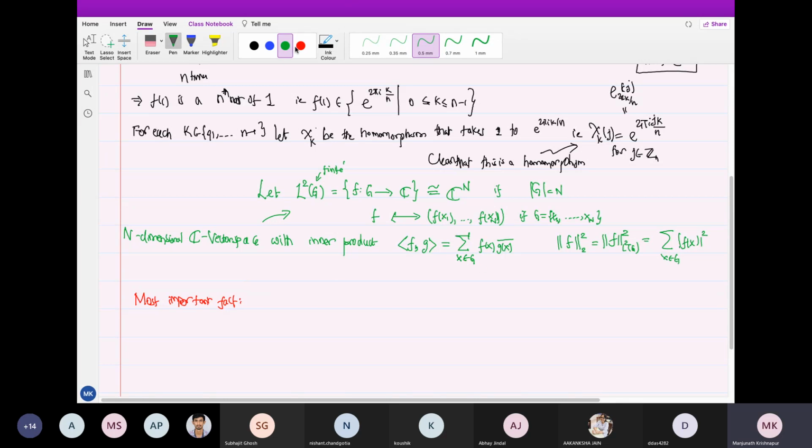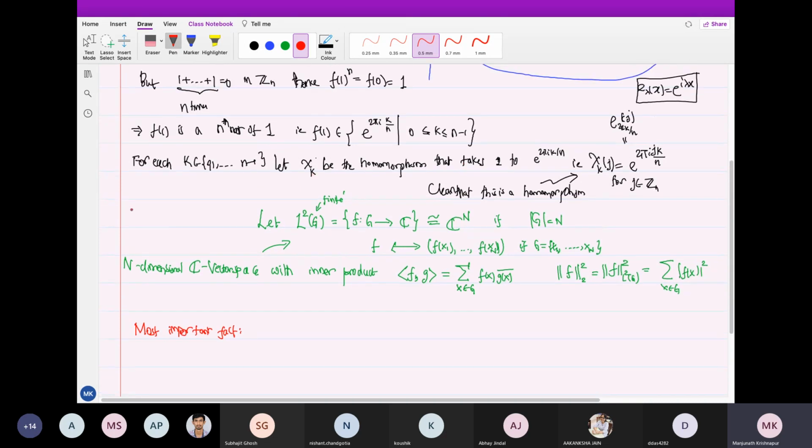So what is the most important fact here? We talked about this in general, but I am now returning to the Zn situation. These characters chi 0 up to chi n minus 1 are orthogonal in this L2 of Zn.